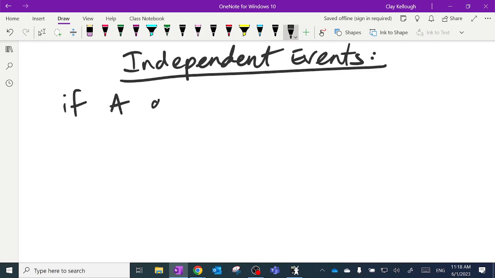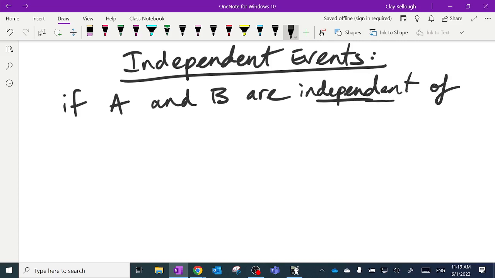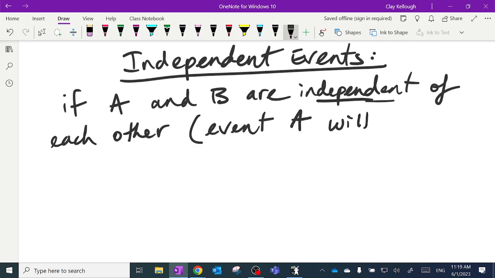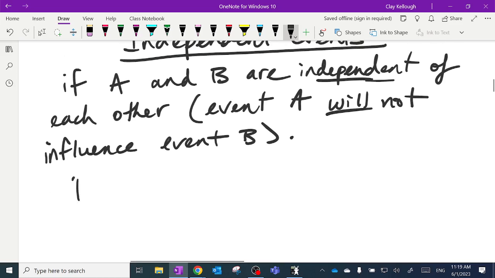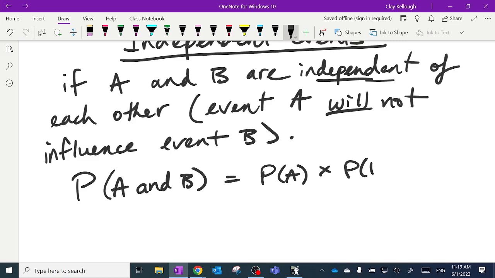If A and B are independent of each other, and that means event A will not influence event B, then the probability that A and B both happen is equal to the probability of A times the probability of B.